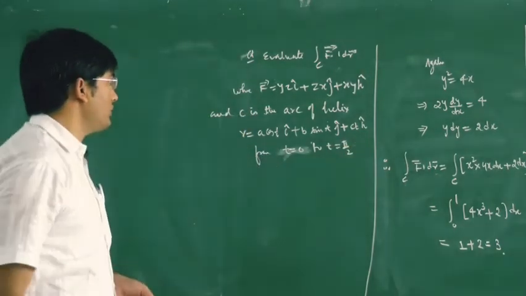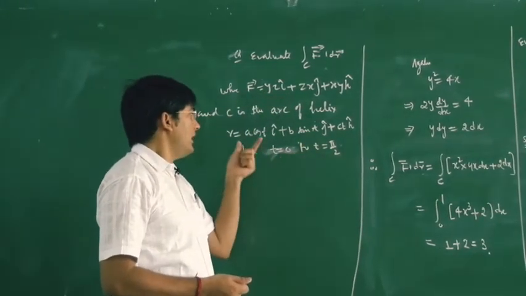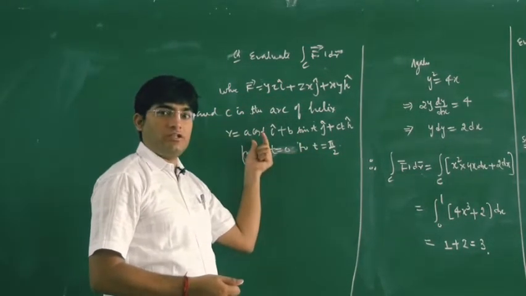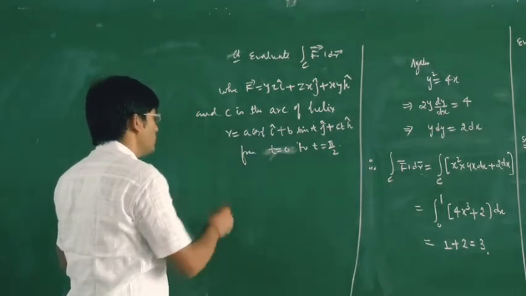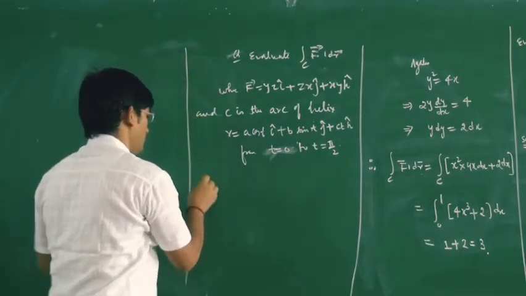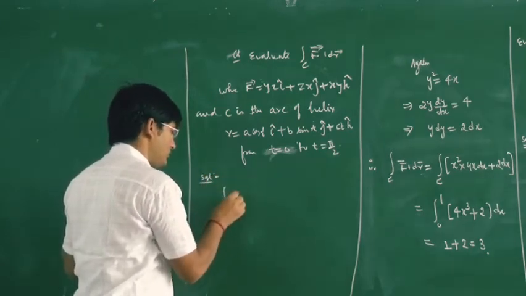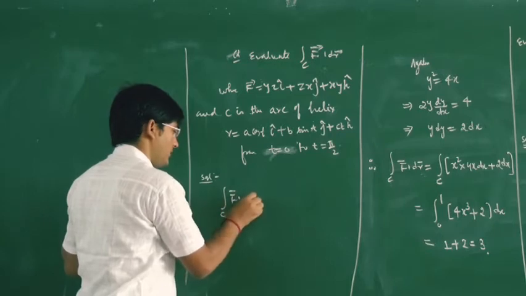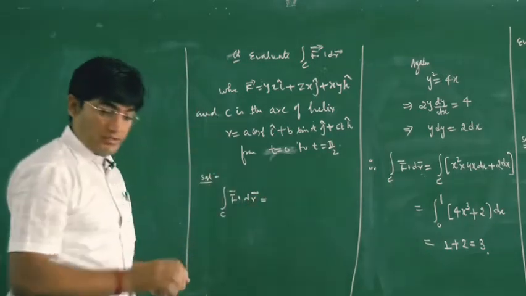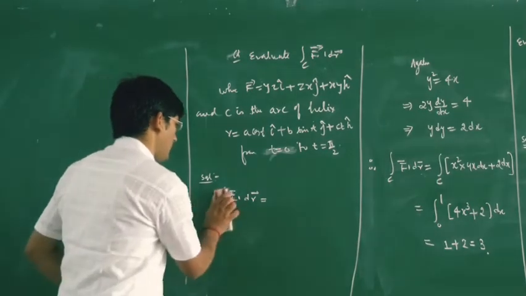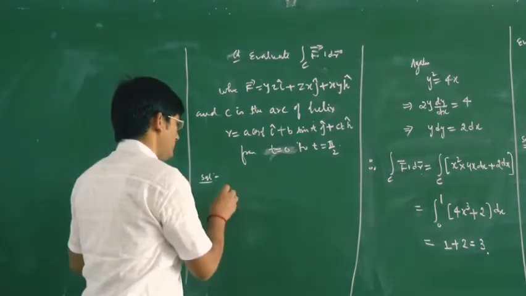So here we have to evaluate this line integral, where again F is this one and r is given in terms of the parametric coordinates of x, y, z. Solution: here again the integral of F dot dr. Since r is given, let us write the components of x, y, z.